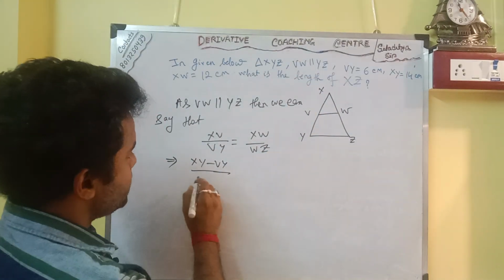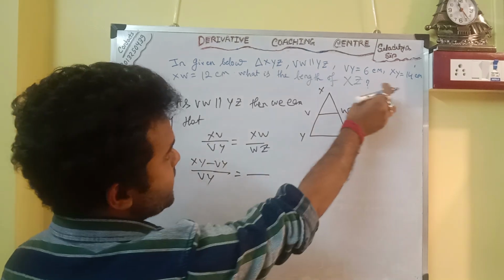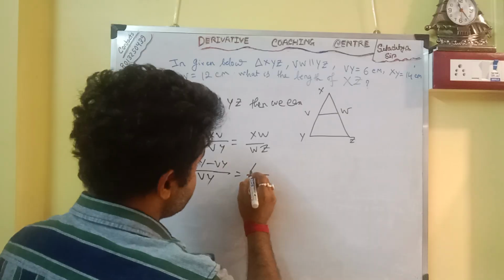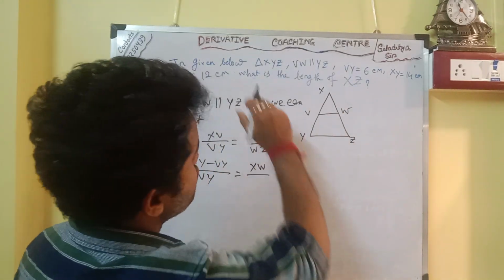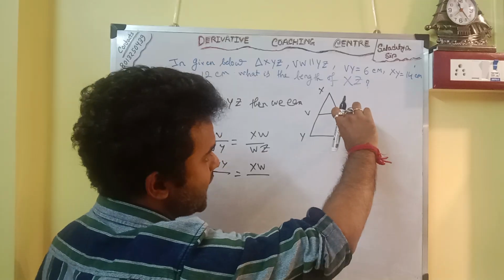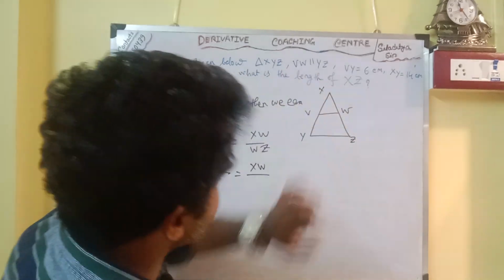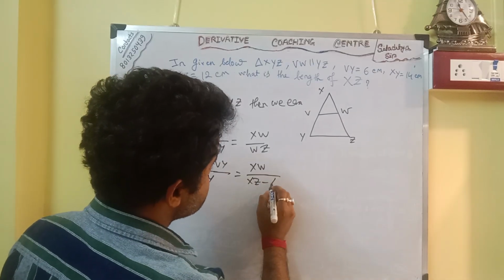Okay, so that is written over there, and VY. And now XW, look on the board, the measurement of XW is given, so write XW as it is. Now WZ is not given, so we can write WZ equal to XZ minus XW. So write XZ minus XW.